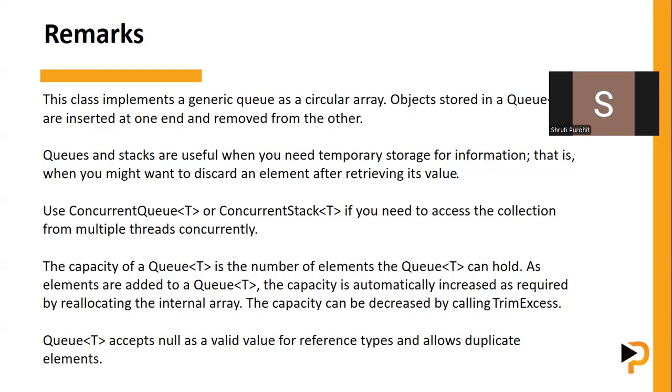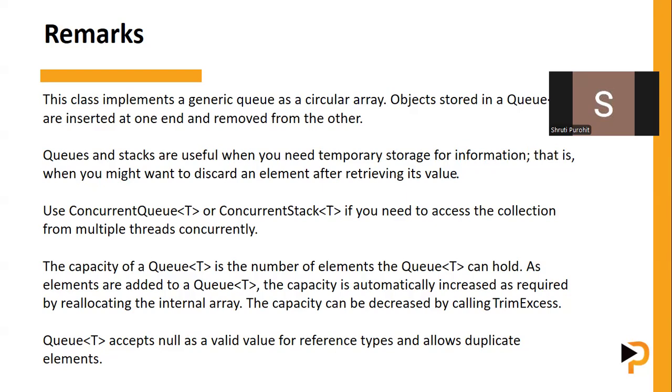The capacity of a queue is the number of elements it can hold, and as elements are added to the queue, the capacity is automatically increased as required by reallocating the internal array. The capacity can be decreased by calling TrimExcess. It accepts null as a valid value for reference types and allows duplicates.